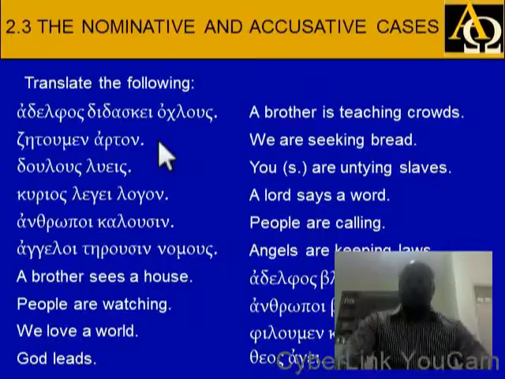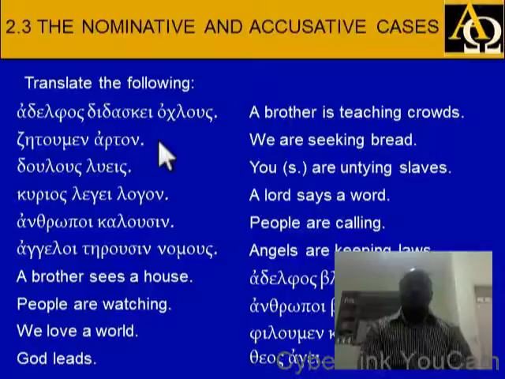We can be able to say, Adelphos didaskei oklos. Brothers teach the crowds. So the word oklos is crowd, and then oklos is crowds. Okay, zetomen arton. We are seeking bread. Zetomen comes from zeteo, arton comes from artos, so we are seeking bread.